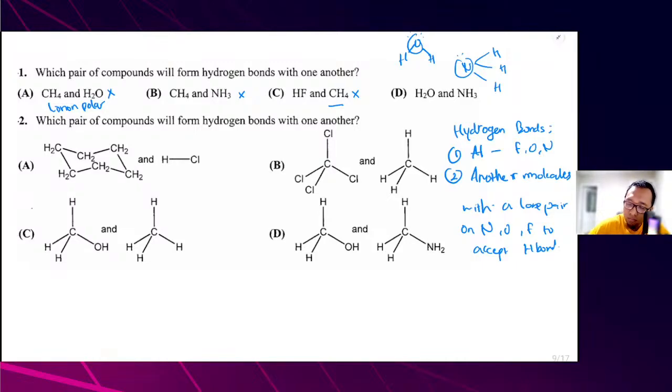So remember the requirements for hydrogen bonding: there is a bond between H and one of these atoms, and then another molecule with a lone pair on N, O, or F to accept the H bond.